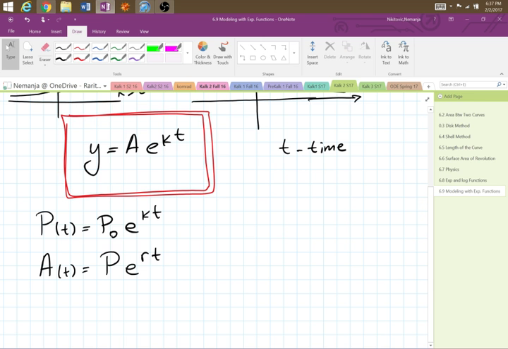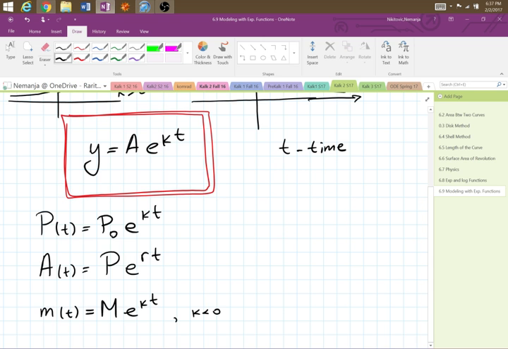Or the mass of the object which is decaying is the initial mass, capital M, times e to the, again, kt, and because it's a decay model, k will be negative.